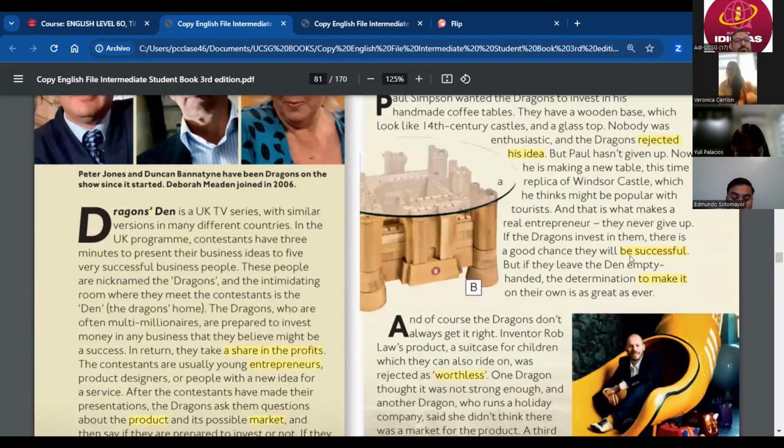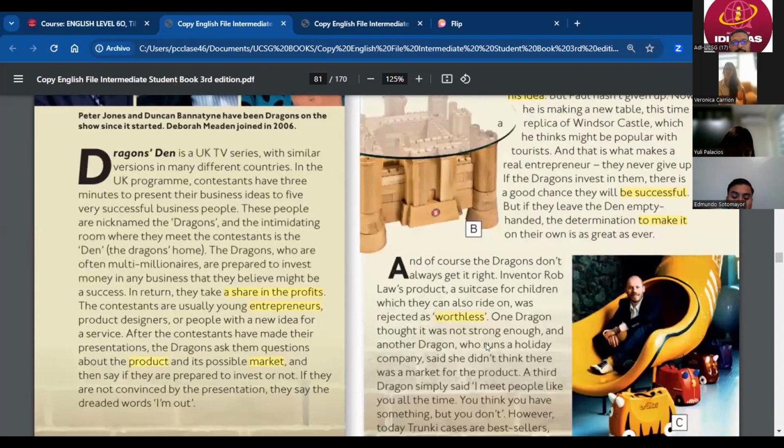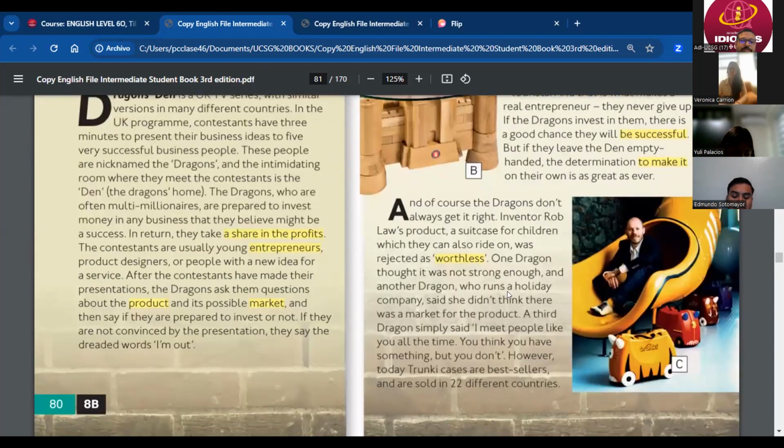Be successful, ser exitoso. The phrase is the determination to make it. La determinación para lograrlo, to make it, lograrlo. And the last one in this set of all the words that are highlighted, we got worthless.